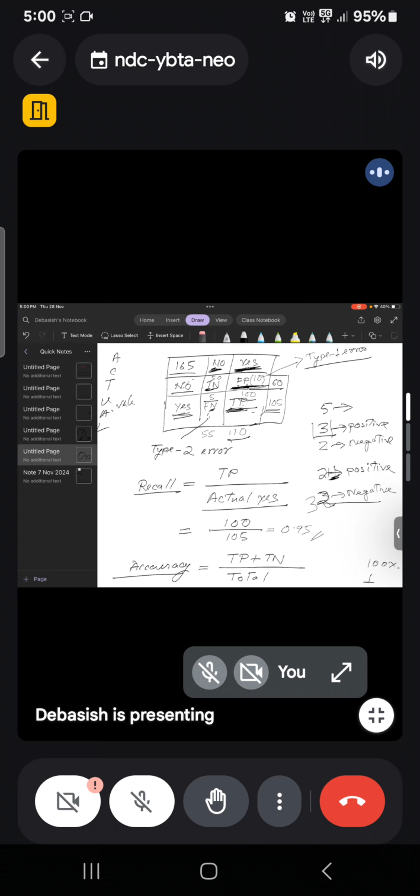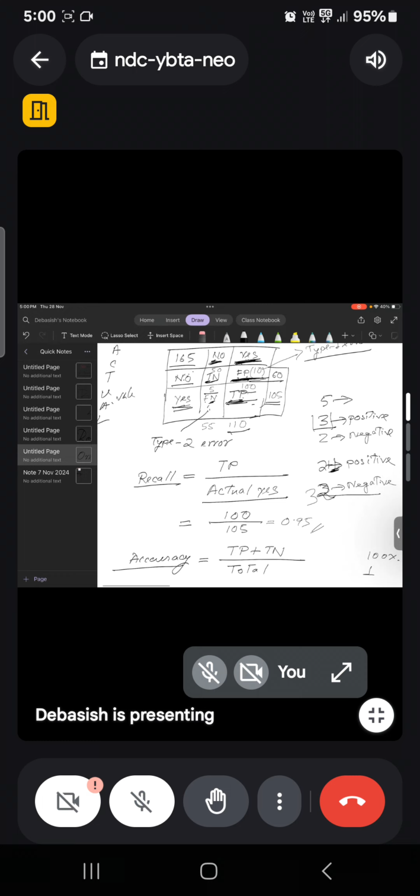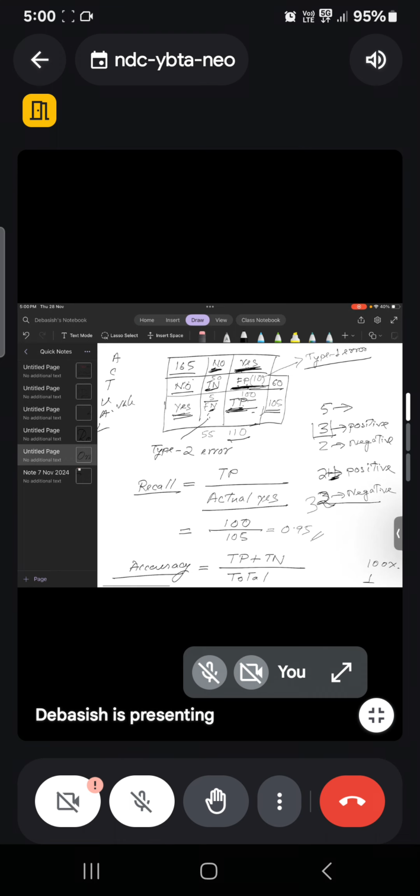Basically what I am saying, if it is positive, don't consider the left side, FT, you just forget. Positive you just take and add them up, for actual yes. Similarly in here also, just check TN plus FP is equal to 60.